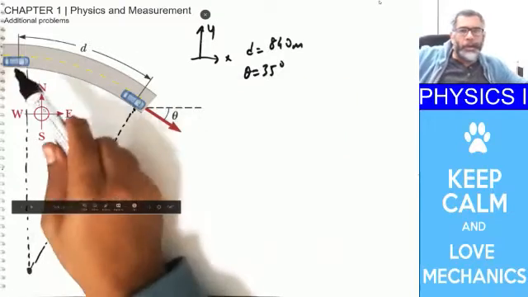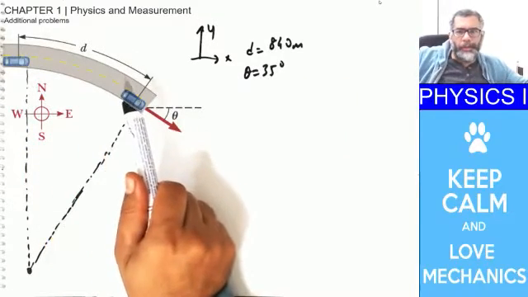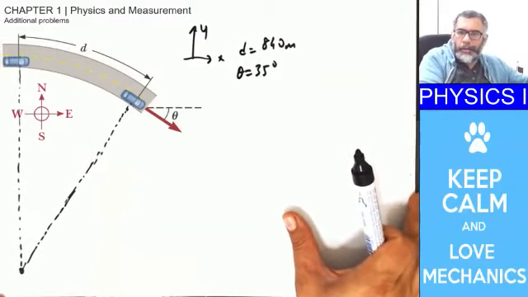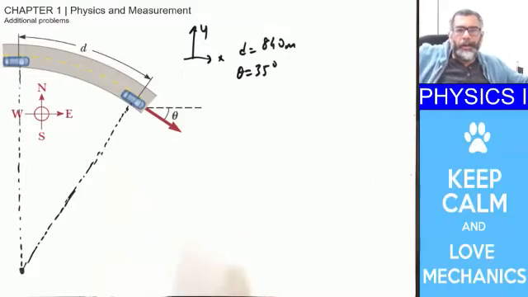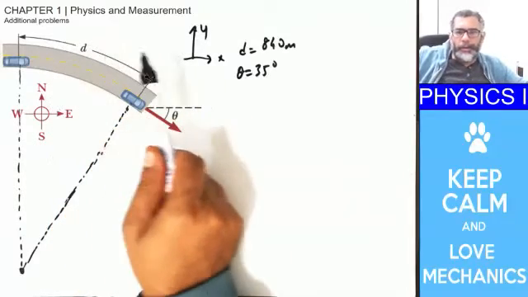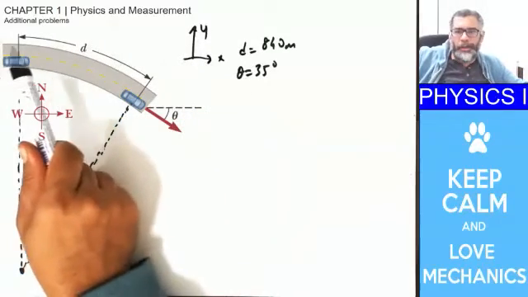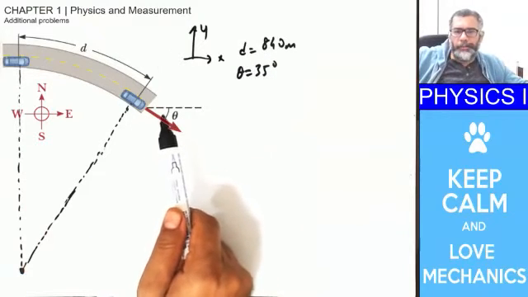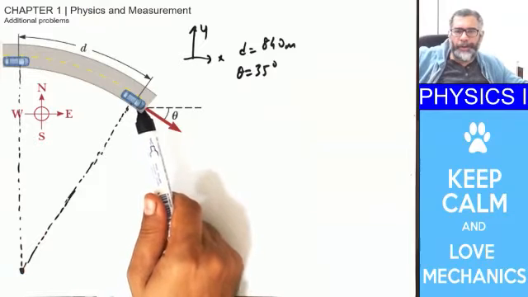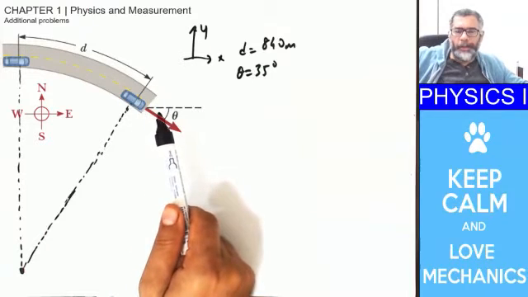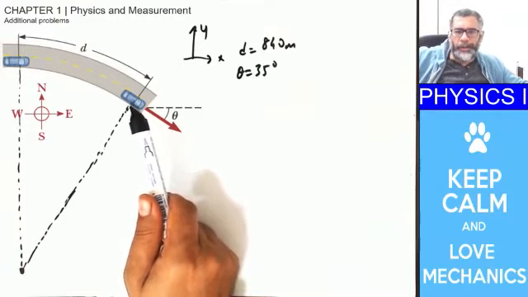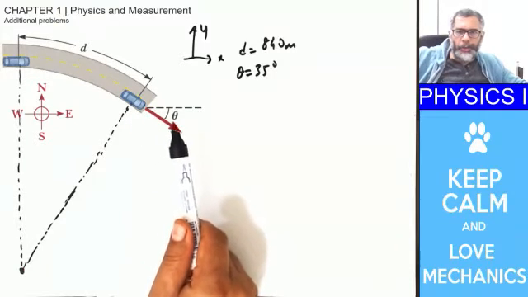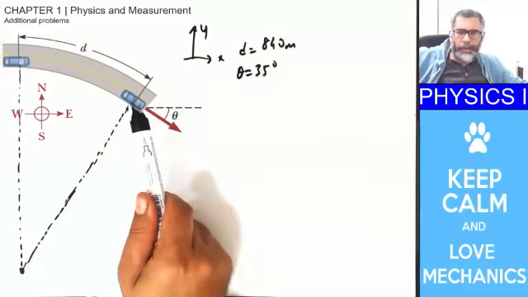Okay. So the problem says this distance d, the path, that the car goes is 840 meters, and the angle that the direction of the car makes at the final position at this point, the angle of its direction of motion, this red arrow shows the direction of the motion of the car at this point.